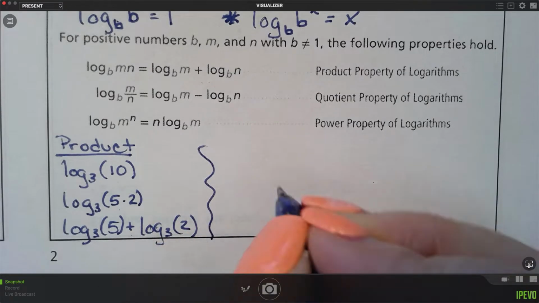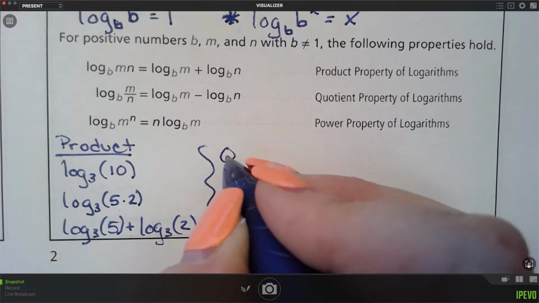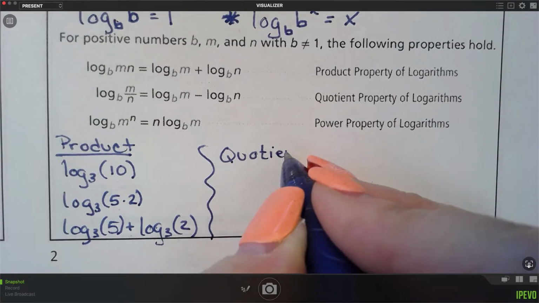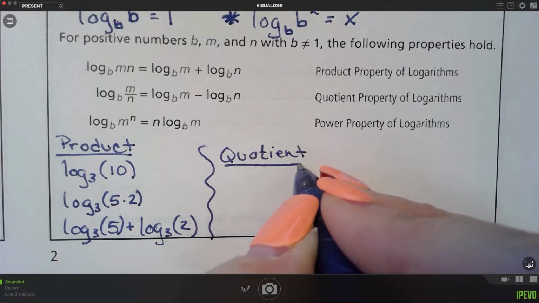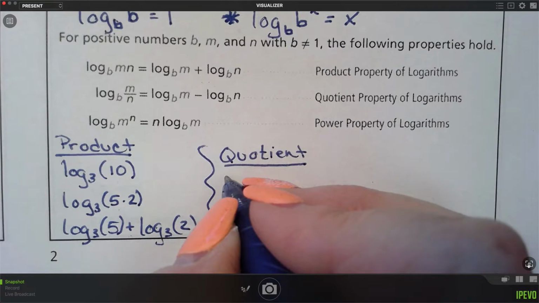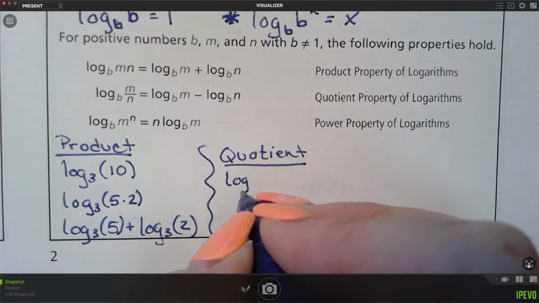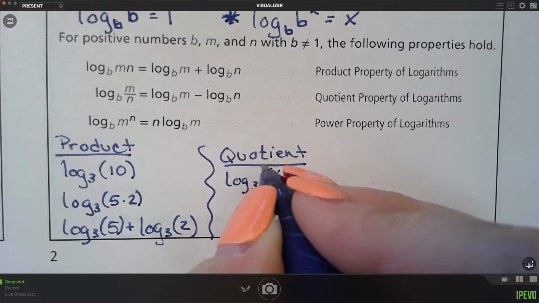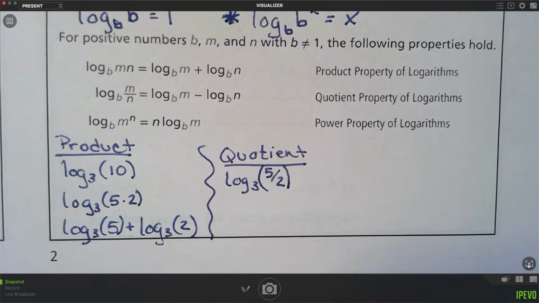So then I have quotient. And these are just basic. Most of your problems won't be this basic. Log base 3 of 5 divided by 2. Well, what's division? Subtraction.